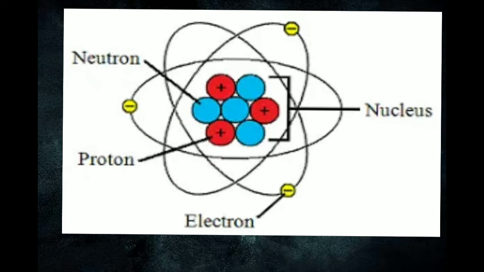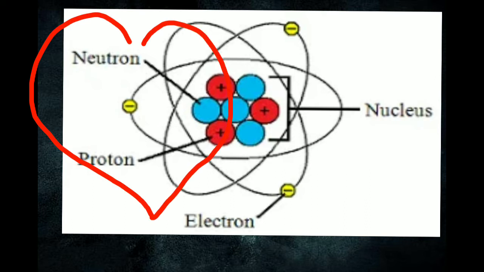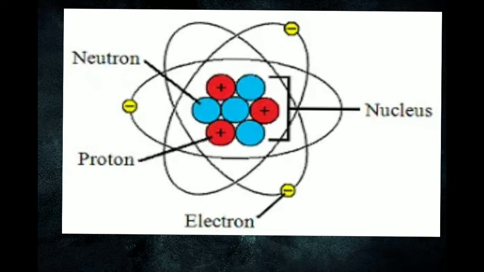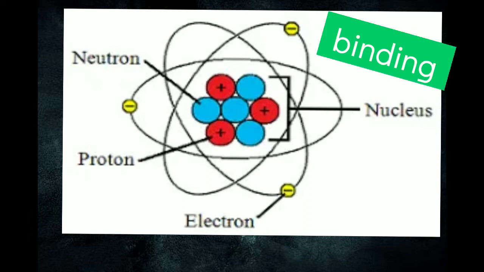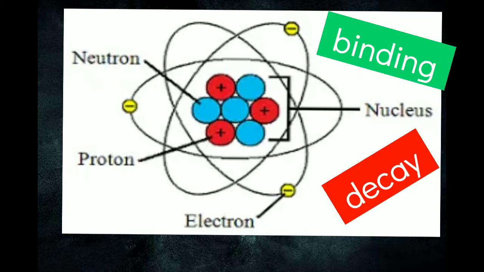First, the strong nuclear force is what binds nucleons, protons and neutrons, into atomic nuclei, while the weak force is responsible for the decay of neutrons to protons. Any atomic nucleus, for any chemical element, will exhibit binding between protons and neutrons as well as decay of neutrons and protons.